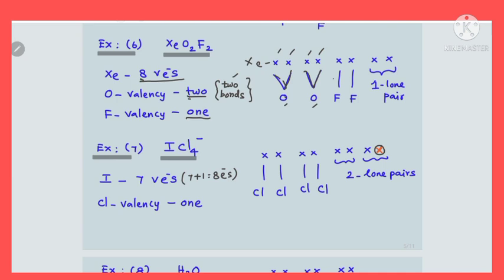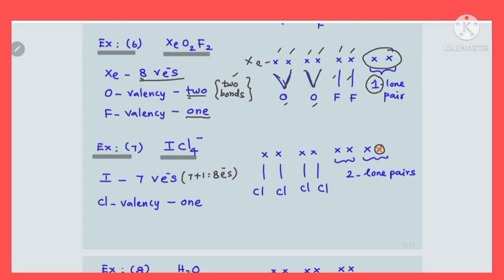Fluorine is capable of forming only single bonds, so 2 fluorines form 2 bonds. For making bonds with fluorine atoms, xenon uses 2 more electrons. So altogether, xenon uses 6 valence electrons: 4 to make bonds with 2 oxygen atoms, 2 electrons to make bonds with 2 fluorine atoms. So 2 more electrons are left unused, which forms one lone pair.